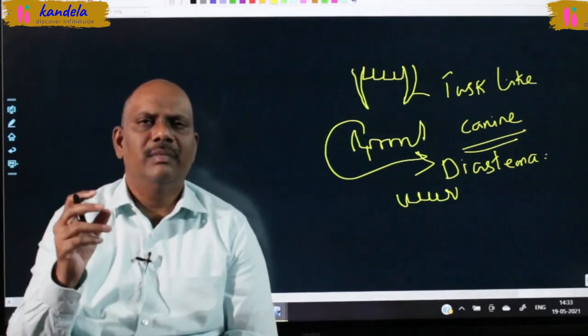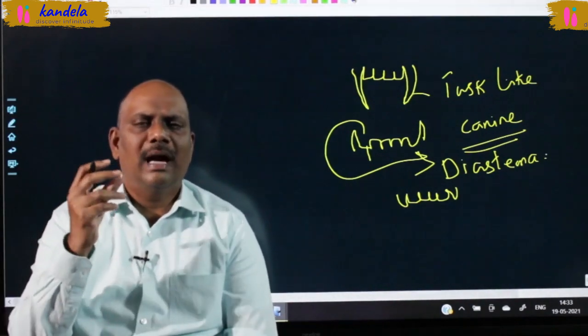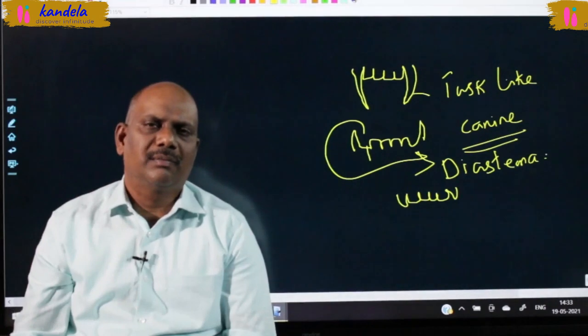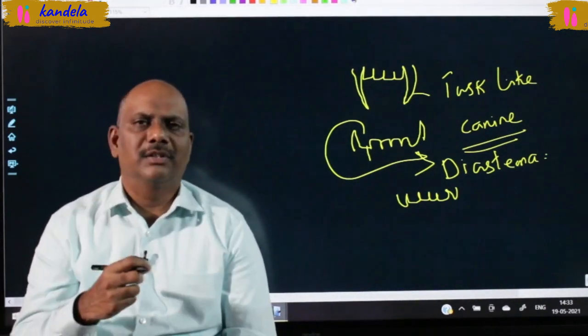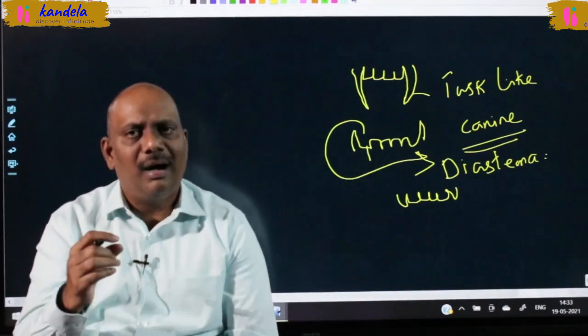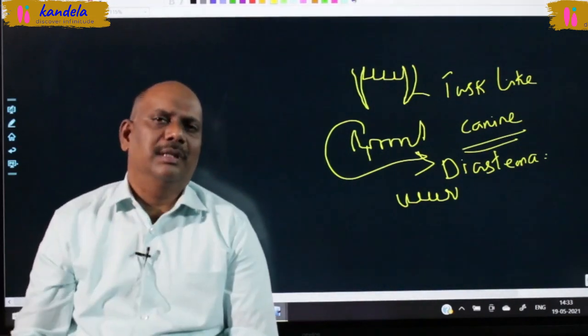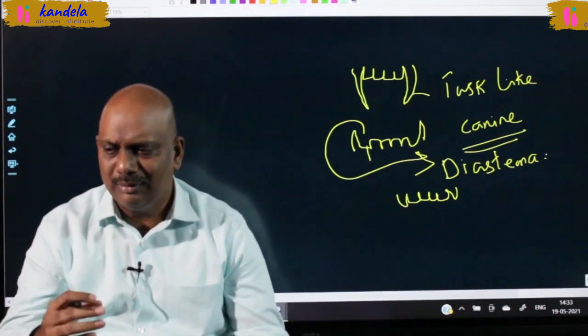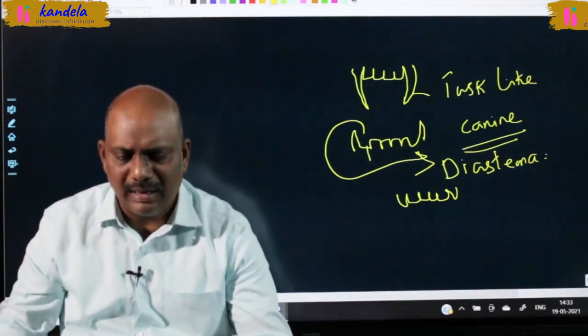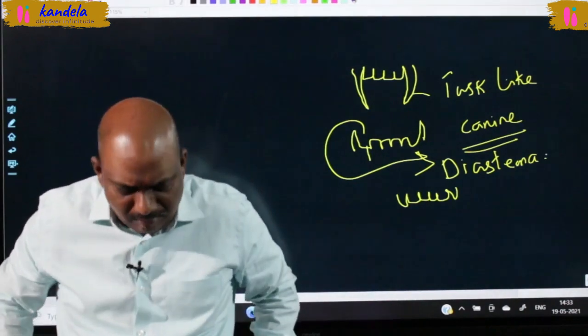Diastema refers to the opening or a gap in between teeth. Here this diastema is meant for locking the large canines. This diastema is absent in Australopithecus. Again, this is a modern and a progressive character. Diastema is absent.